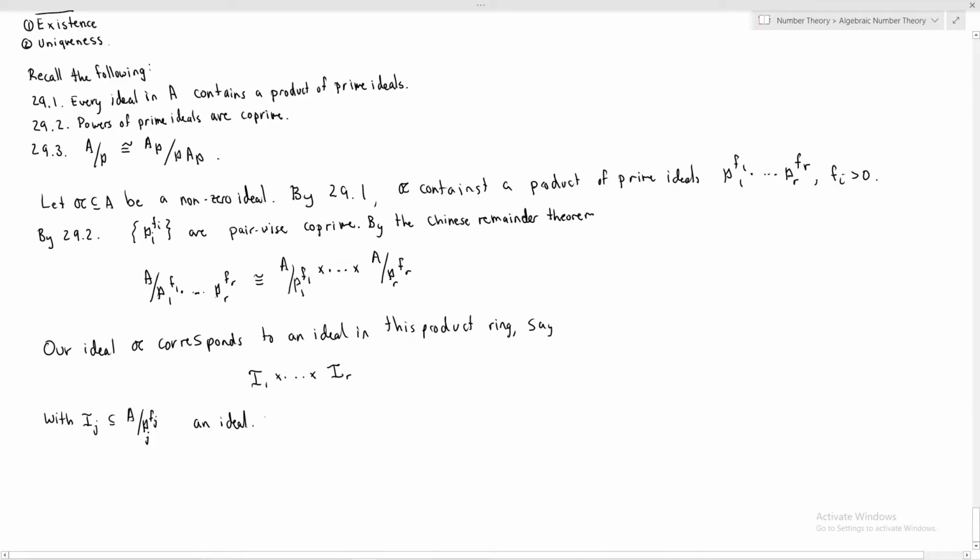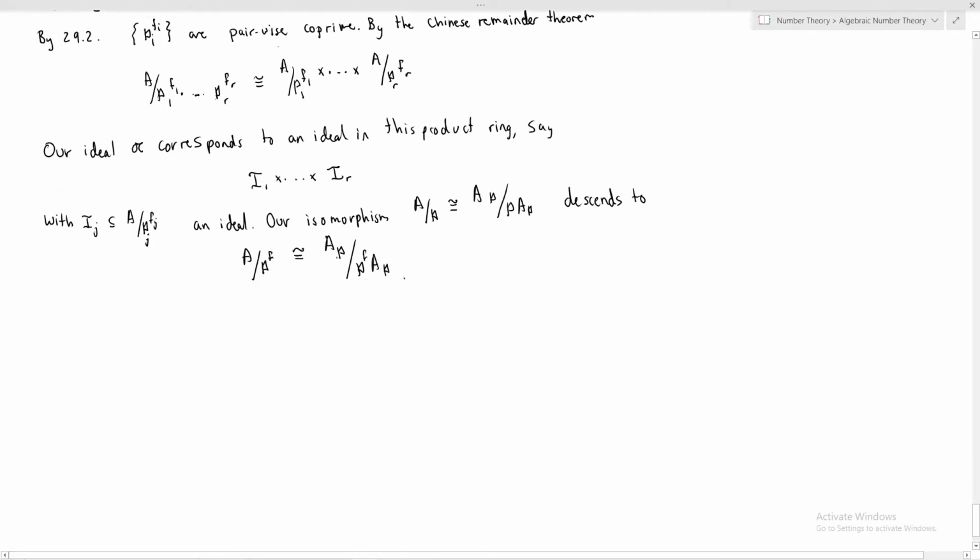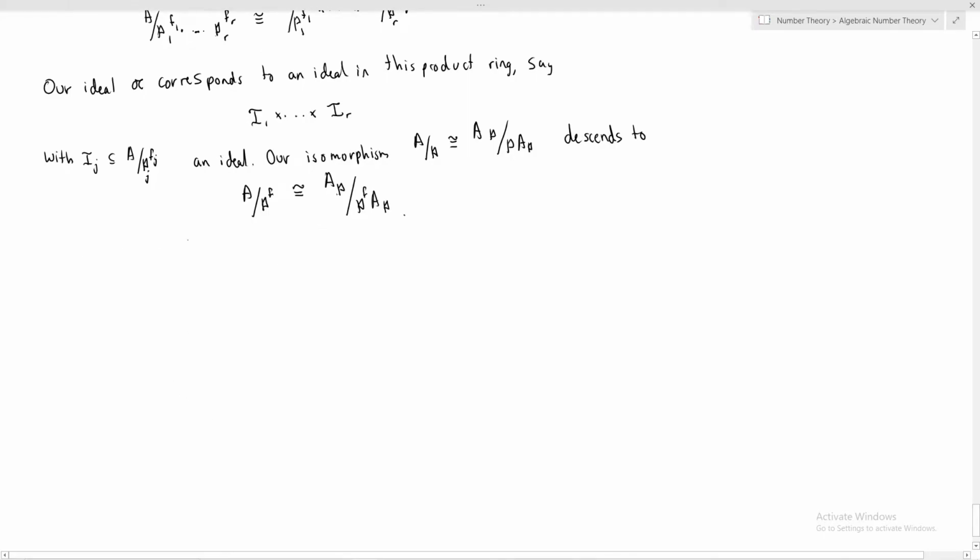Now, you can check the following. Our isomorphism A mod P isomorphic to A_P mod P A_P descends to an isomorphism A mod P to the F isomorphic to A localized at P mod P to the F A localized at P. So you can check pretty easily that you get an isomorphism here, and ideals in this ring.